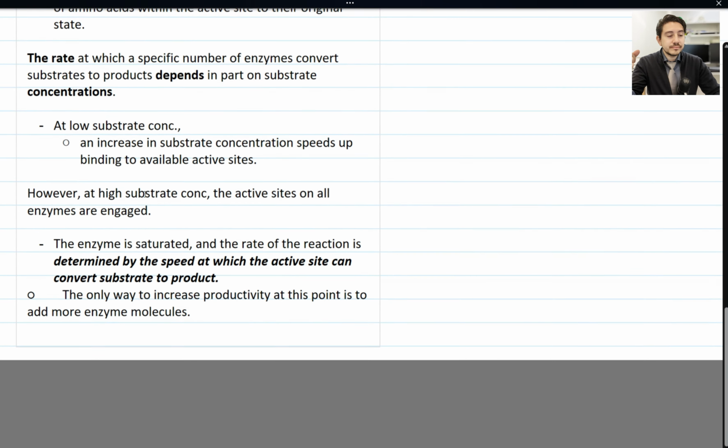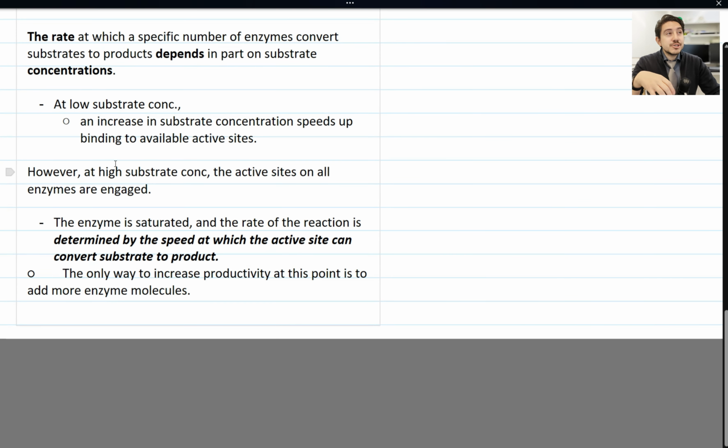If you have a surplus of substrate, you're going to reach a maximum where you cannot speed up the reaction anymore with a fixed number of enzyme molecules, just because all the enzymes are being used at a certain time.